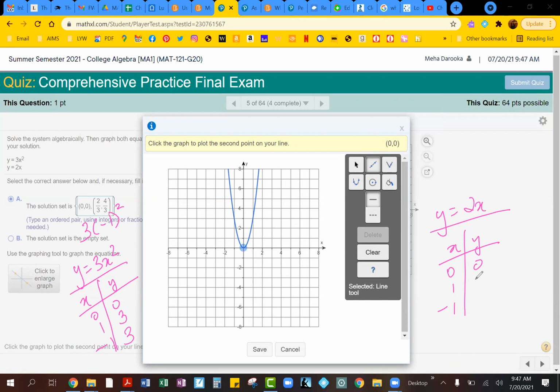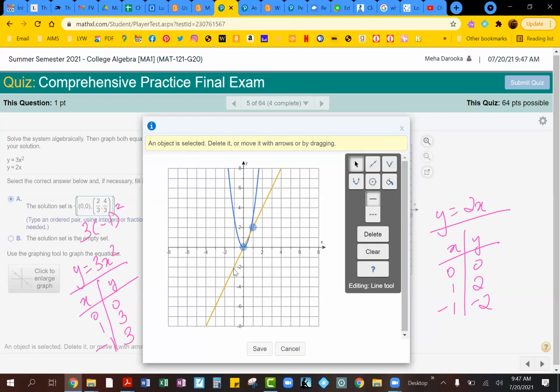2 times +1 is 2. 2 times -1 is going to be, excuse me, -2. So that will give us the ordered pair of +1, +2, and that you can see automatically gives you -1, -2 over here.